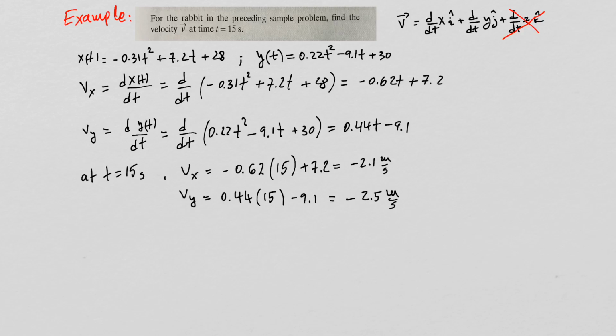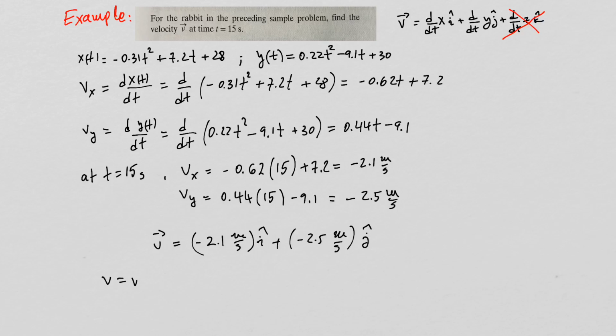And so finally, the velocity vector, the instantaneous velocity, will be equal to minus 2.1 meters per second i hat plus minus 2.5 meters per second j hat. Now I can also find the magnitude of the velocity.